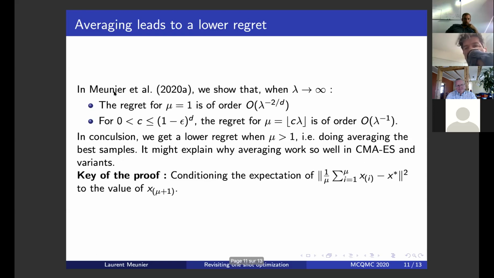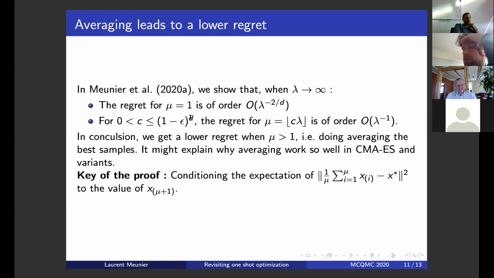So here it seems like we broke the curse of dimensionality in this case. But there's always a but. To do so, we need to sample a lot of points, because if d is big, 1 minus epsilon to the d is very, very small, and C is as a consequence very, very small.